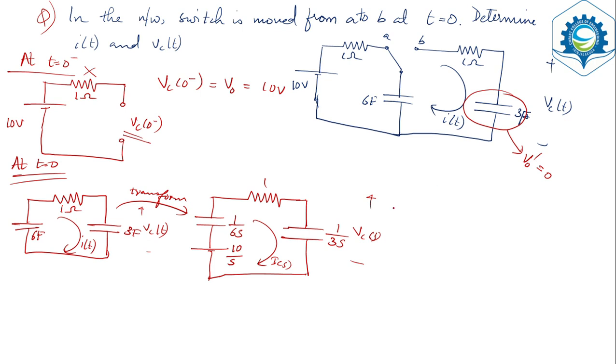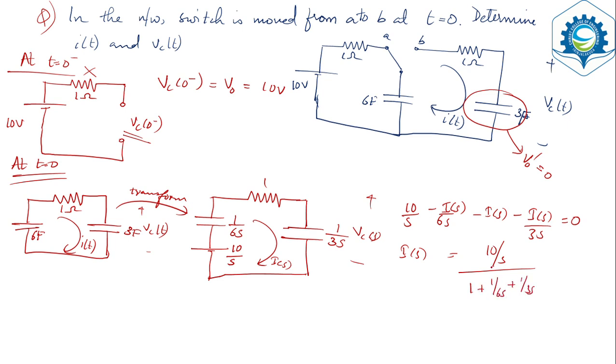You can simply apply the mesh analysis. That will be 10 by s minus 1 by 6s into I of s minus I of s by 3s is equal to 0. Now you can solve for I of s. I of s is equal to 10 by s divided by 1 plus 1 by 6s plus 1 by 3s.